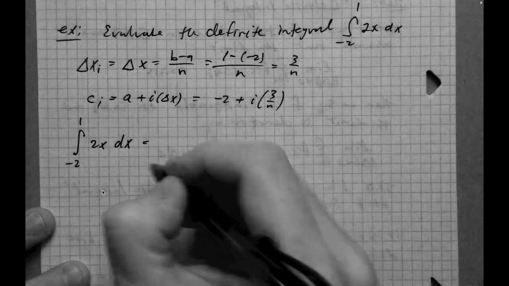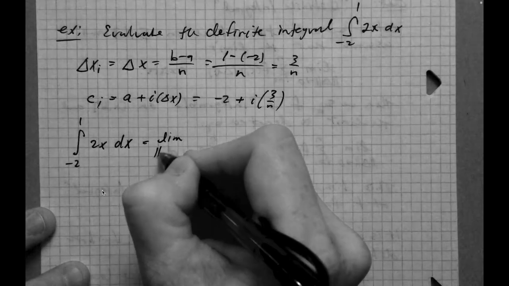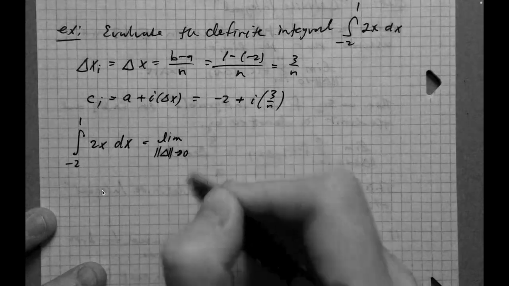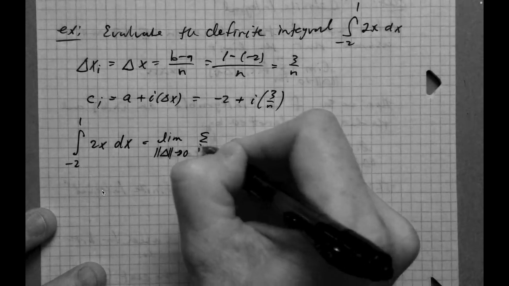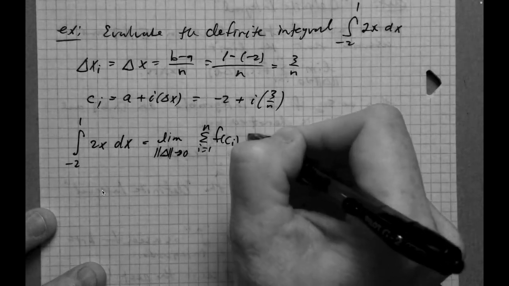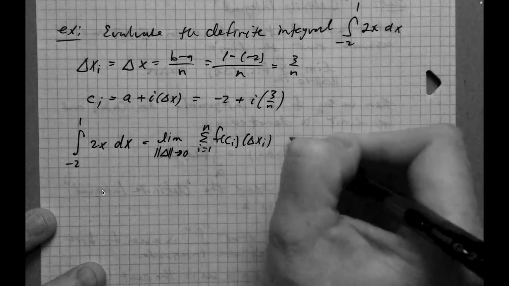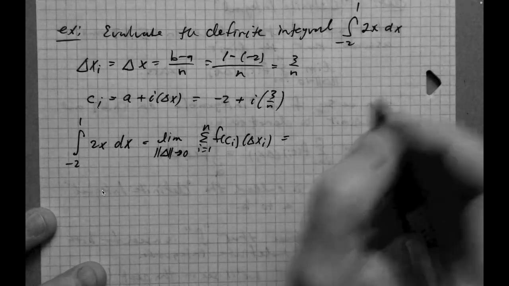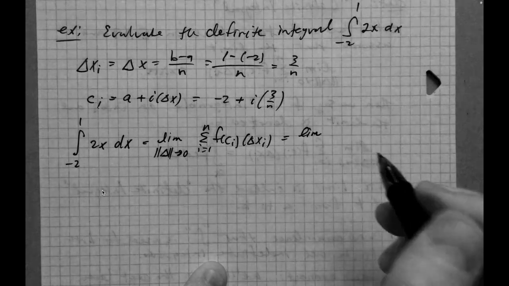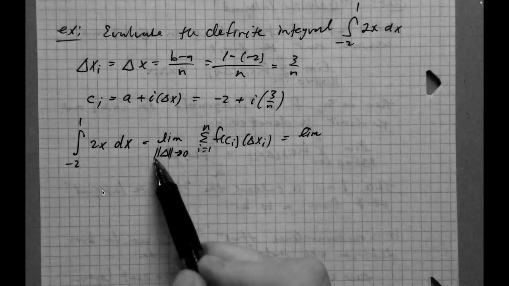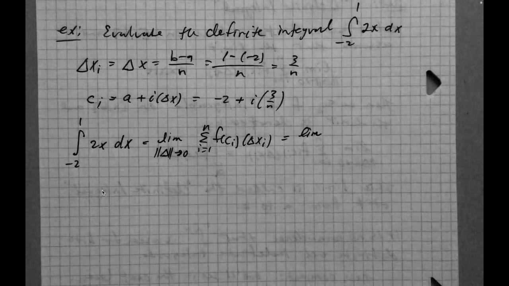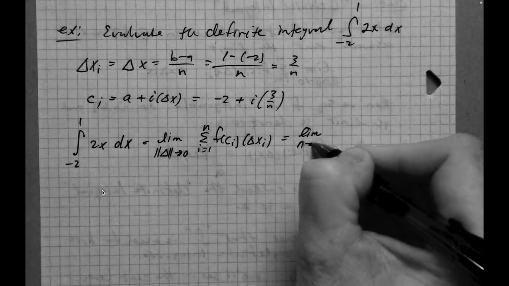That'll be equal to the limit as the norm of the partition goes to 0 of the sum from i equals 1 to n of f of ci times delta xi. Let's plug these values in. The limit as the norm of the partition goes to 0 is equivalent to saying the limit as n goes to infinity.